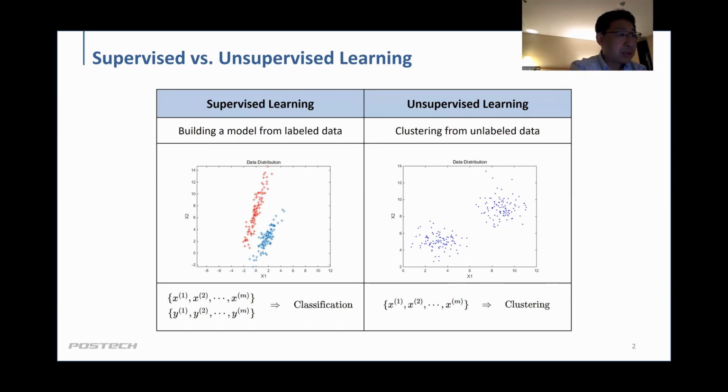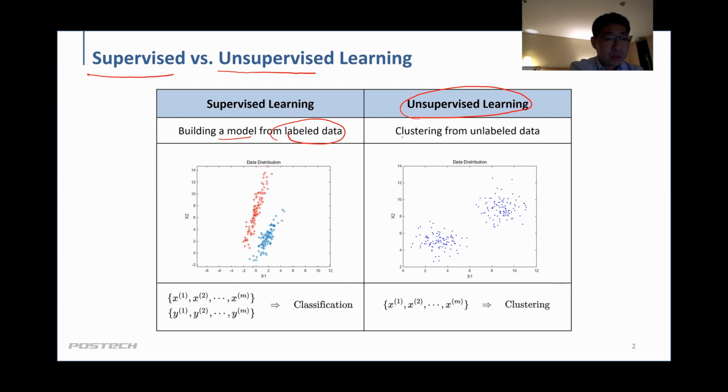So here, supervised and unsupervised learnings are two big categories that we can think of. Supervised learning builds a model from a labeled data set. Like I said, inputs and associated or corresponding labels, the outputs, right? On the other hand, on the right side is unsupervised learning.